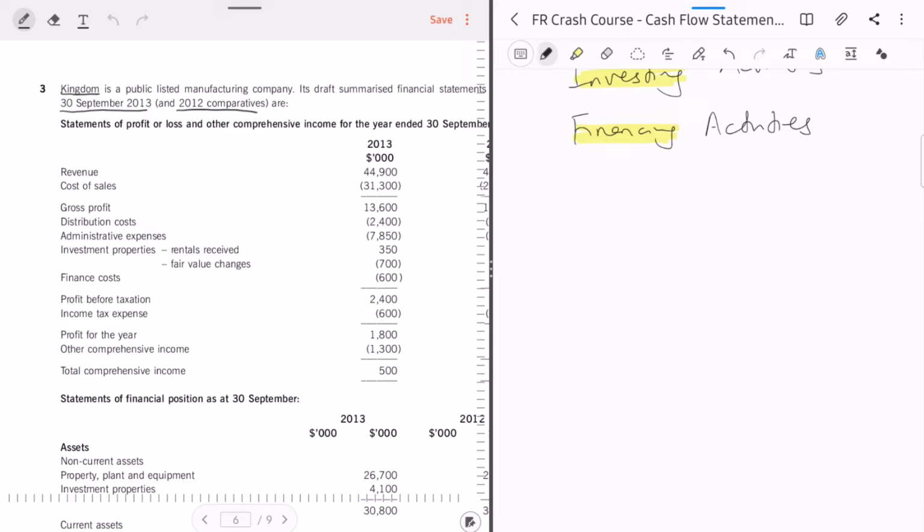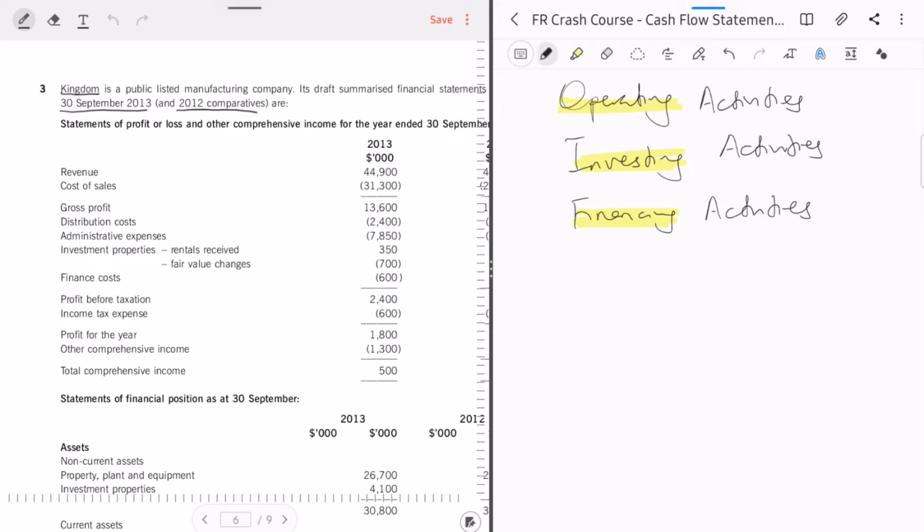What I mean is all cash inflows and cash outflows that have to do with raising equity or making payments that relate to equity, or all cash inflows and cash outflows that relate to debt instruments, i.e. sourcing debt or discharging payments that have to do with debt, will all fall under financing activities. So take note, everything that has to do with the company's capital structure, cash flow wise, will go under financing activities.